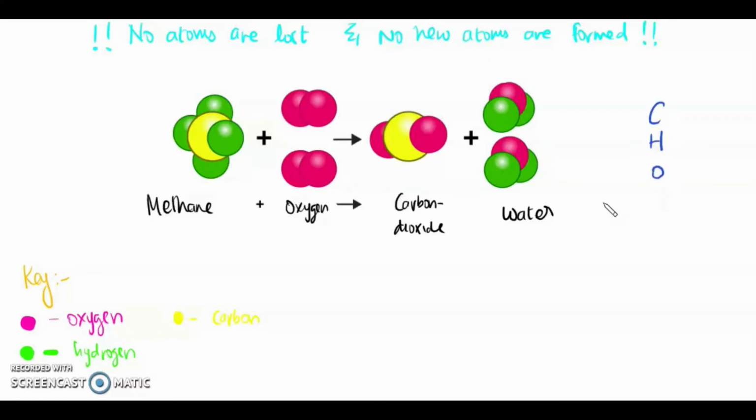right? Now you can notice that methane is made up of 4 hydrogen and 1 carbon. We have 2 molecules of oxygen, so we have 4 oxygen atoms, right? In our products, carbon dioxide is made up of 2 oxygen, 1 carbon, and we have 2 molecules of water.